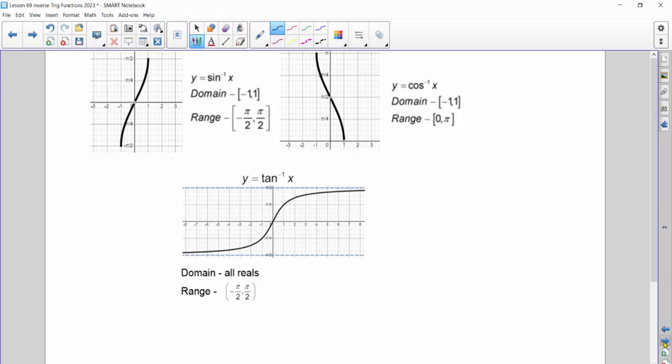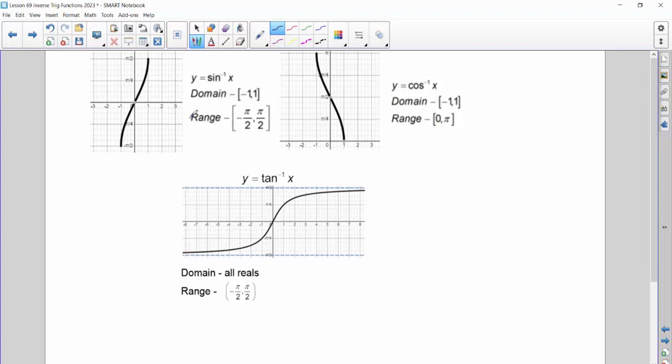So to do that, we basically start drawing the graph from 0. And note that when I do my sine graph, I only get as far as pi over 2 before it starts coming down and then not passing the vertical line test. So I get as far as pi over 2, but then I have to go backwards to get to another area that can be graphed without failing the vertical line test.